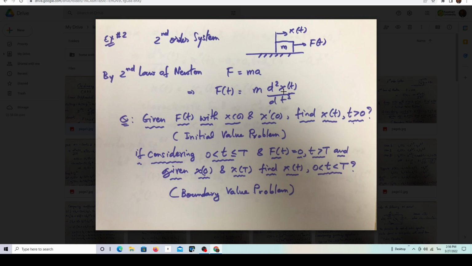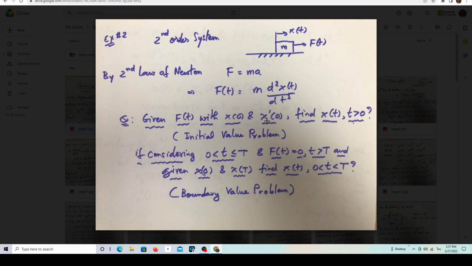Because with a second order differential equation, you get two roots of the auxiliary or characteristic equation, so your complementary solution consists of two constants that you need to find. So you need two initial conditions: x(0), the function at time 0, and the first derivative of x with respect to time at time 0 also.